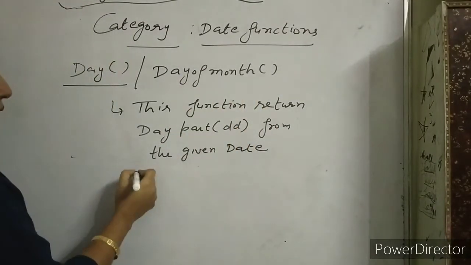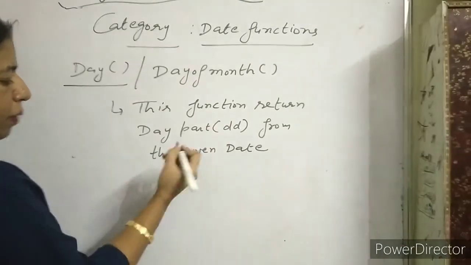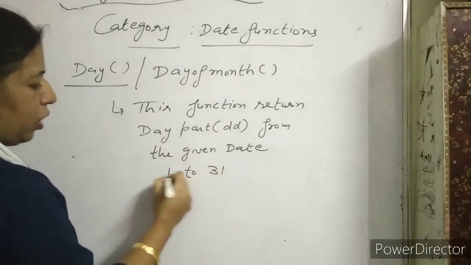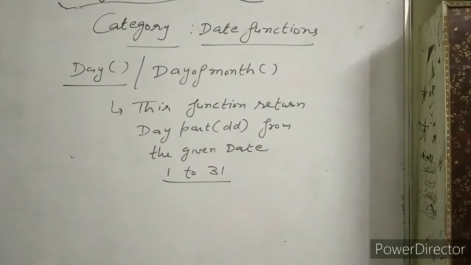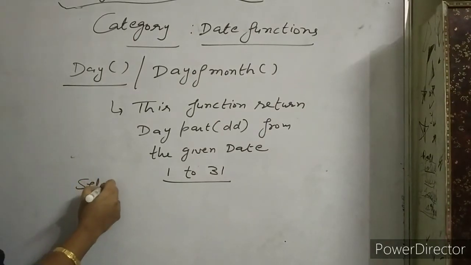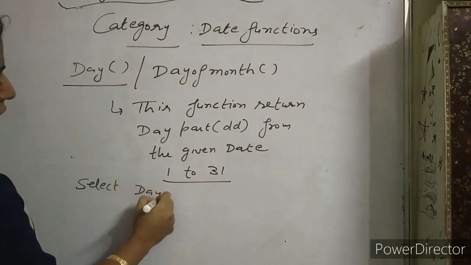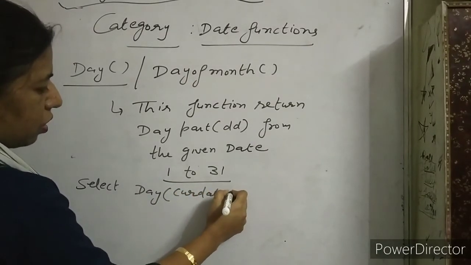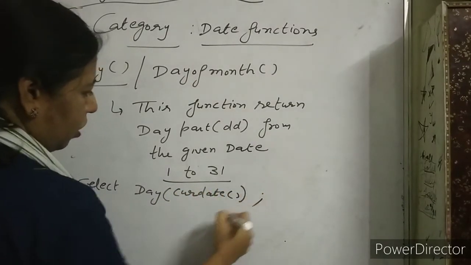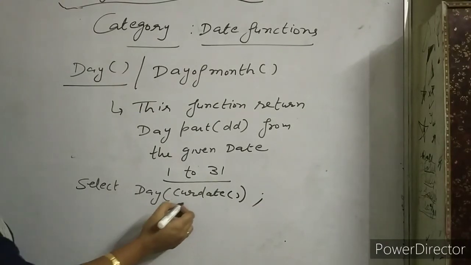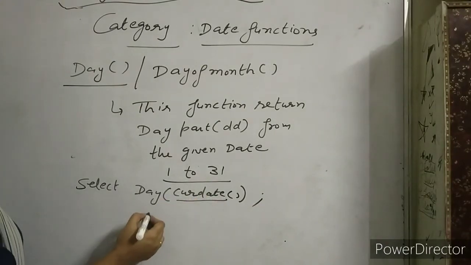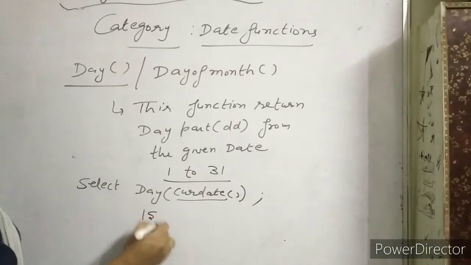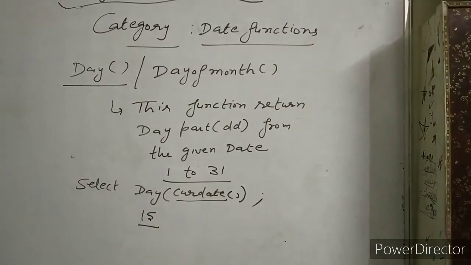And the output will be 1 to 31, the maximum. Select, suppose I have given select day and I am using the current date, semicolon. What will you get? In my current date, the day is 15. Clear? Output is 15.